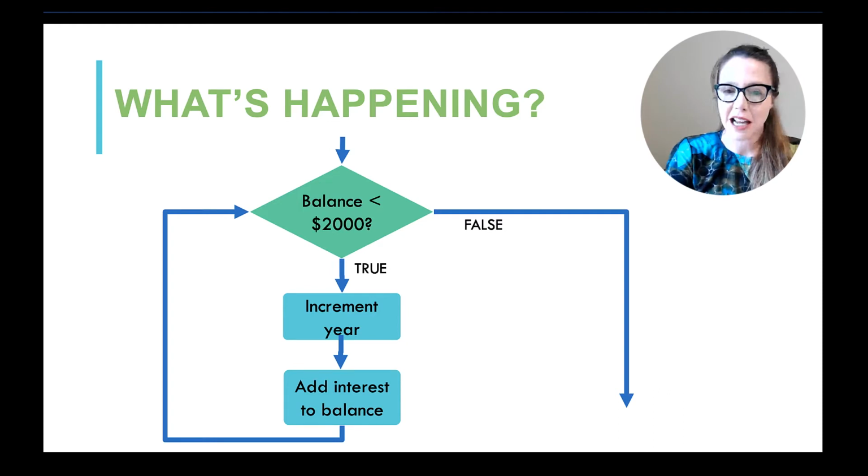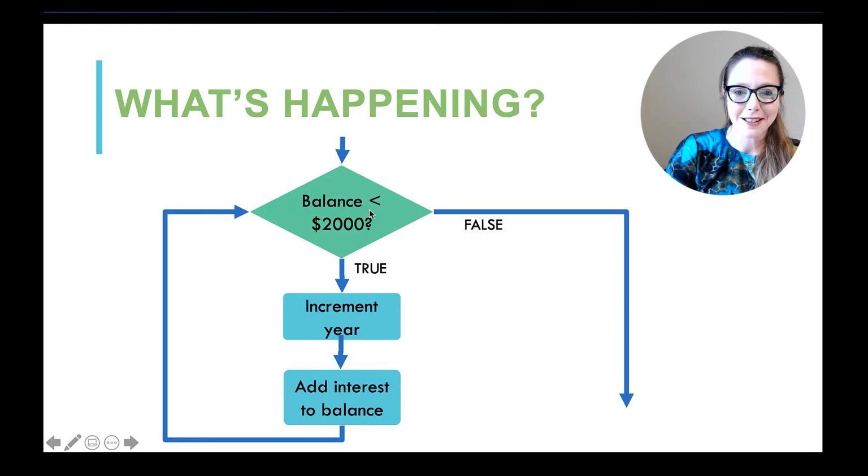Do this as many times as necessary until this condition becomes false. And so if you look at this structure, you'll see that there is a loop in our flowchart. And this is why the structure is called a loop. This is a while loop. We're going to do the following statements in blue while this condition, balance less than $2,000, is true. As soon as it's not, we're going to break out of this loop and proceed with the code that follows.